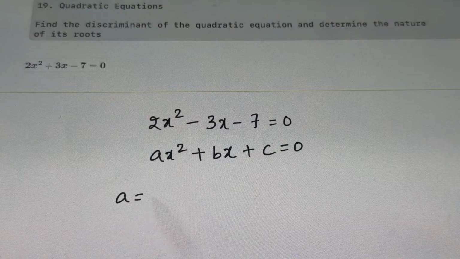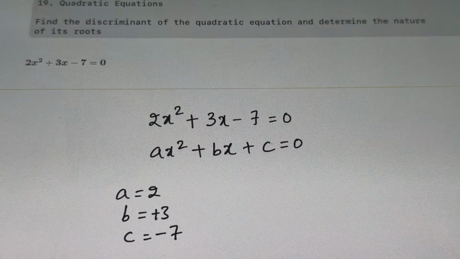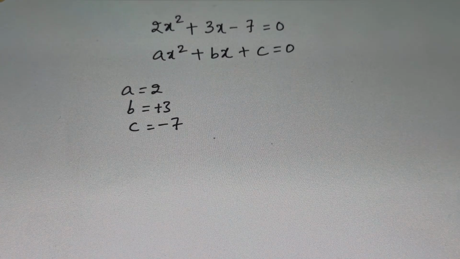So a equals 2. We have to check the equation they have given, 2x square plus 3x minus 7. So it's not minus 3x, it is plus 3x. Therefore b equals plus 3 and c equals minus 7.